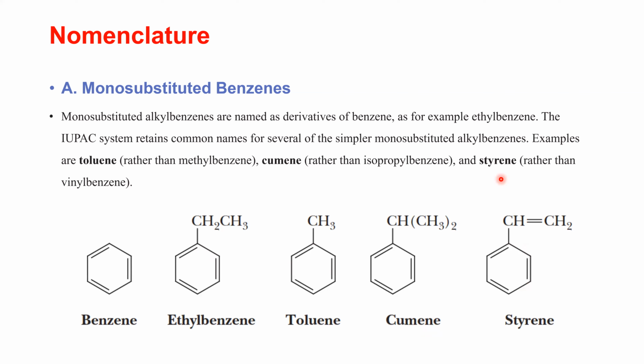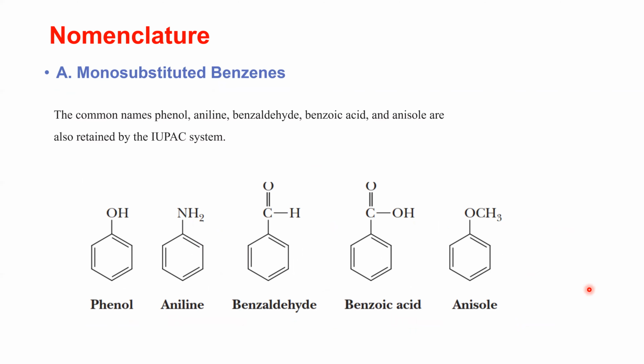Now, styrene is basically a vinyl substitution on a benzene ring, so its otherwise name is vinyl benzene. This is also a common name, and the much shorter and more convenient term we use is styrene. So if you have an aromatic benzene ring structure substituted with a vinyl group, let's just go for styrene.